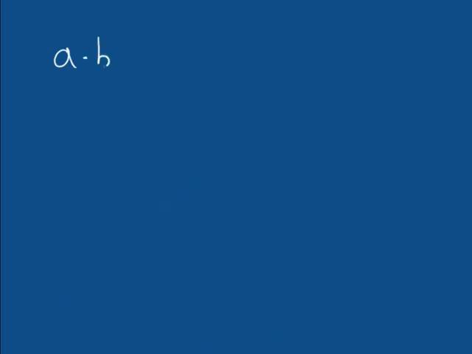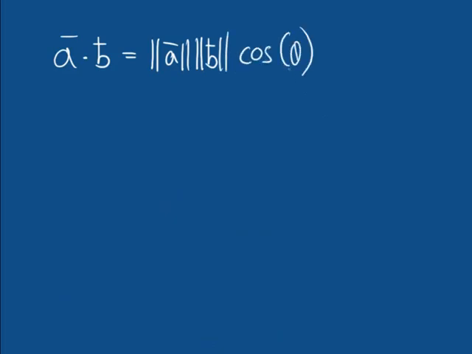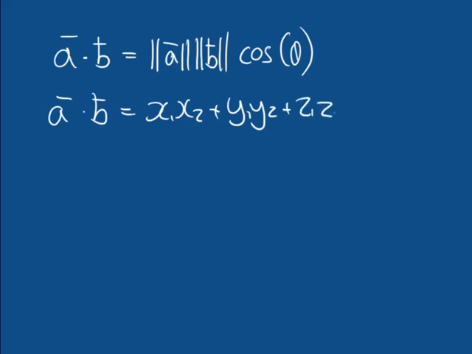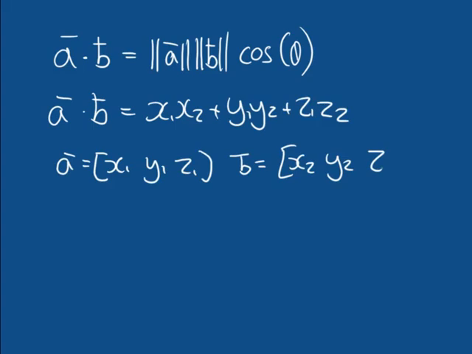We have A dot B is equal to the magnitude of A times the magnitude of B times the cosine of the angle between A and B, and we have that A dot B is equal to x1 x2 plus y1 y2 plus z1 z2. Of course, that's if A is equal to x1, y1, z1, and B is equal to x2, y2, and z2.